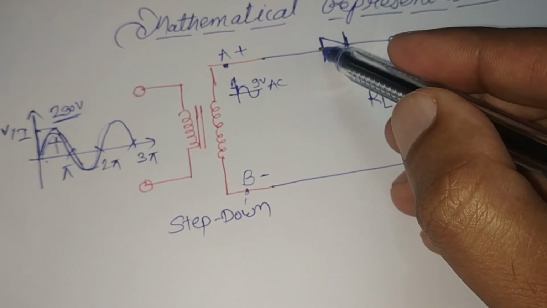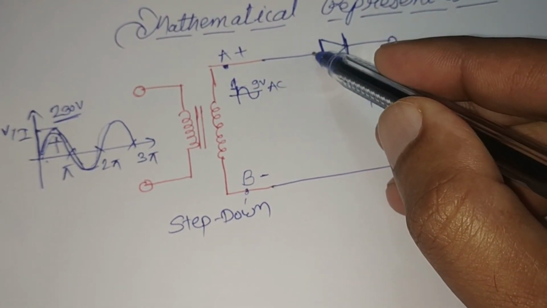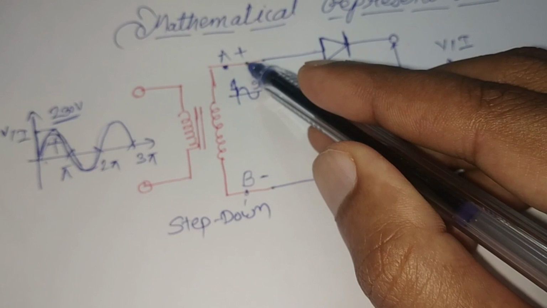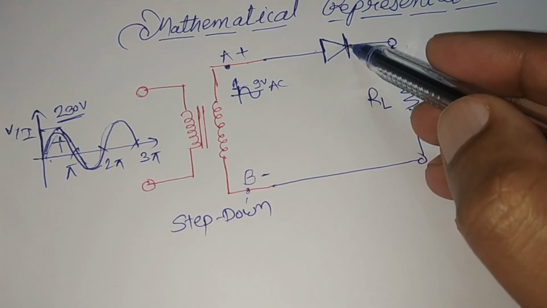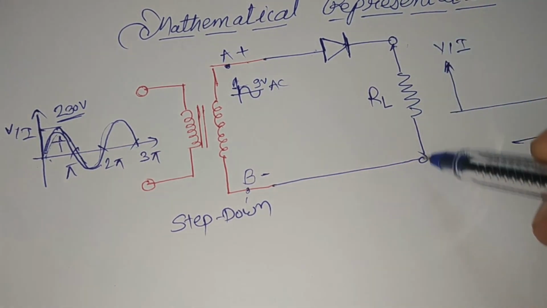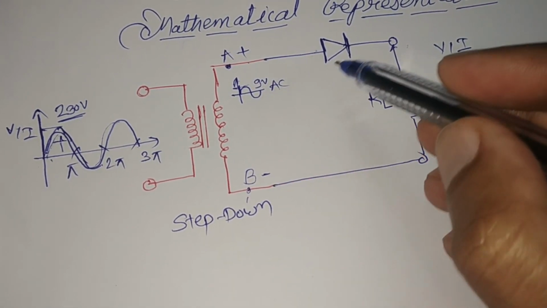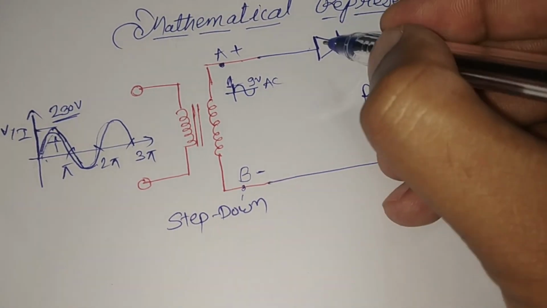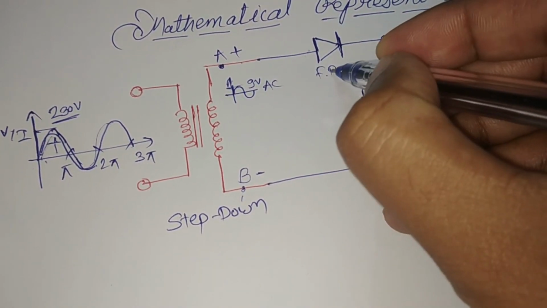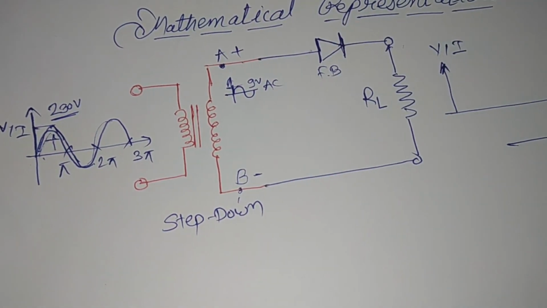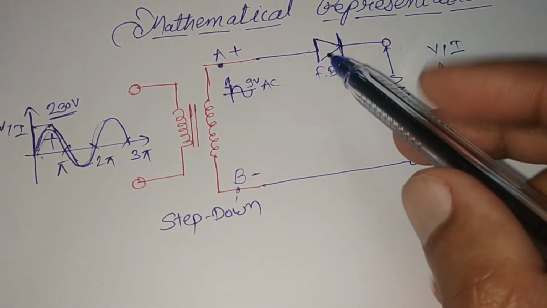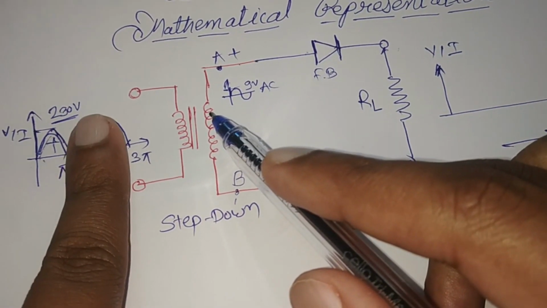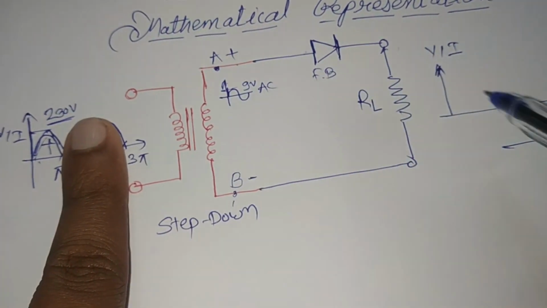Now you see the P type of the diode is connected to positive, and the cathode N type is connected to negative. So now this diode is in forward bias condition in the first cycle. If it is in forward bias, that means it is on. If it is on, the complete input signal will go to the output.